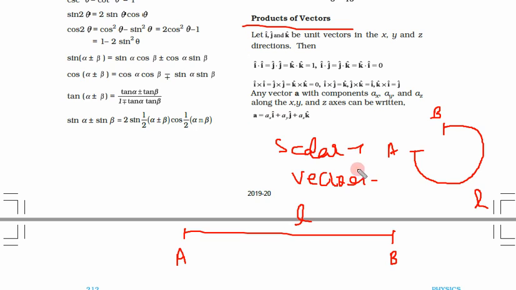So let us understand what is a scalar, what is a vector. Length is L, and the length will remain L whether it is straight or folded like a circle.